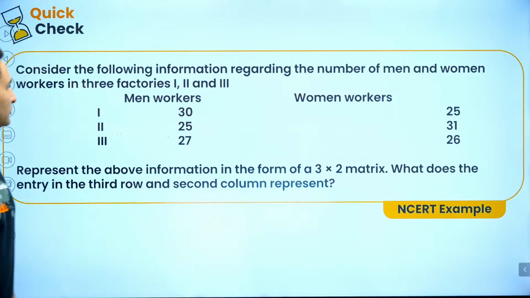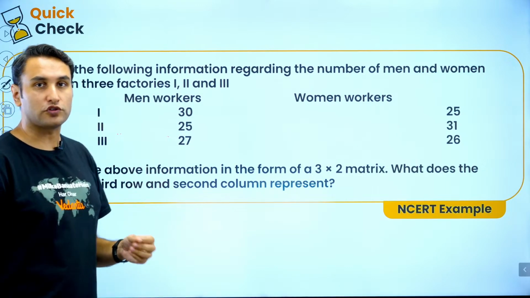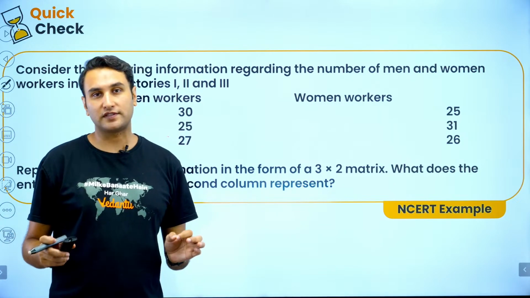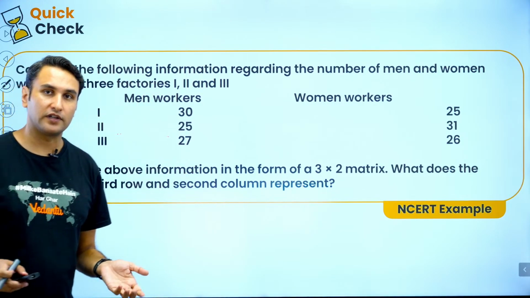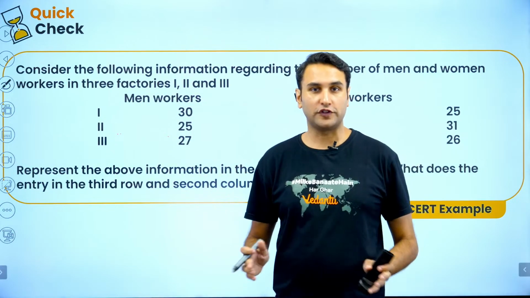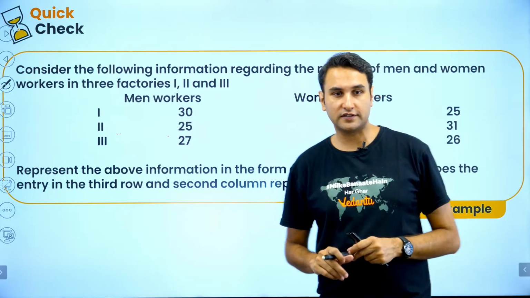So let's look at this. Now, these are the questions which also tell you at a very basic level why matrices are important, because they help us represent a big array of information in a very structured way. So read this.